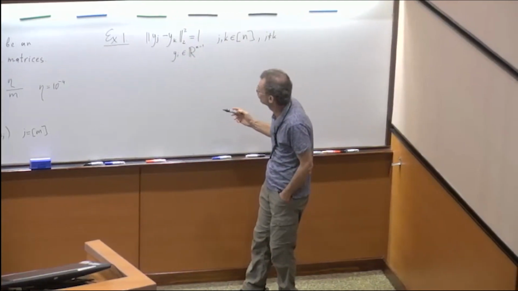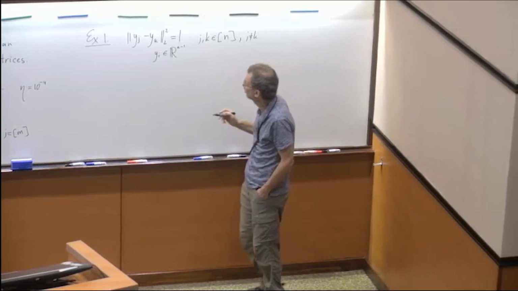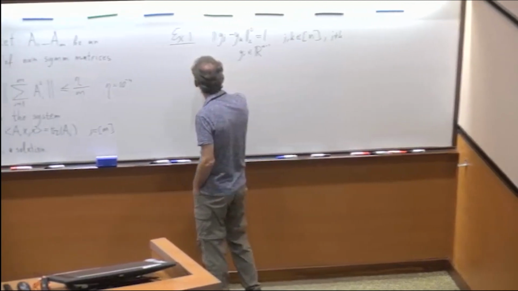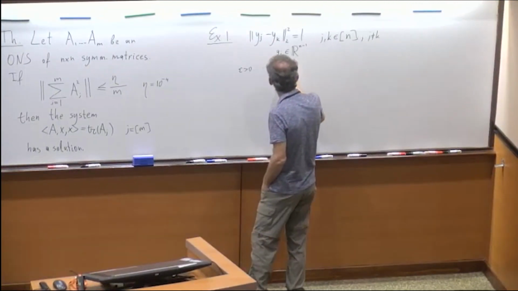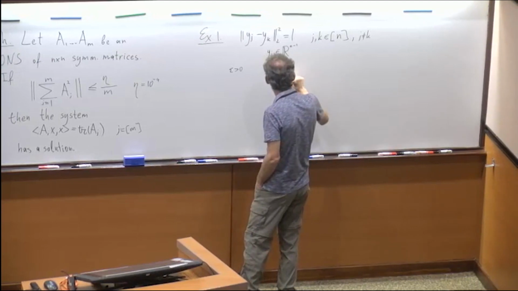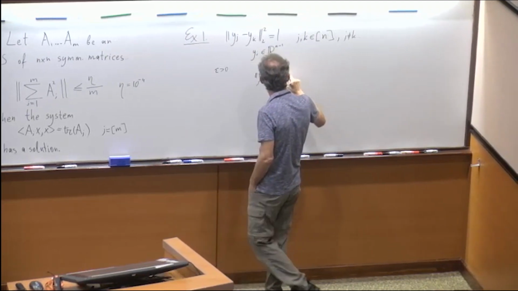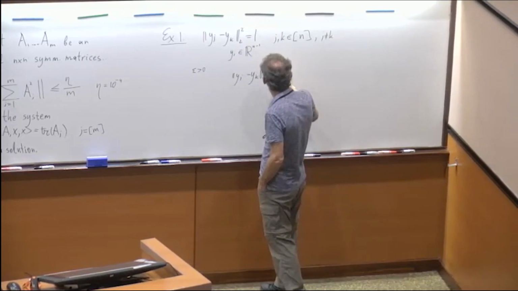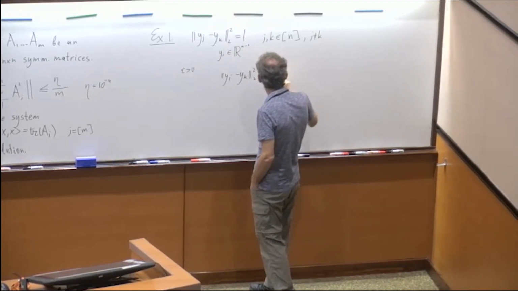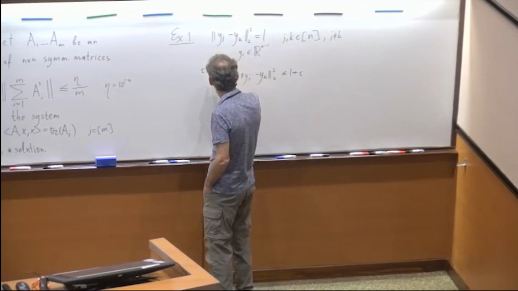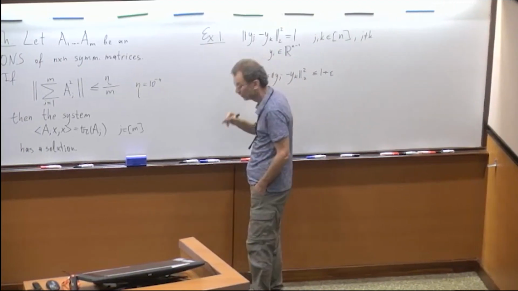Now let's introduce a relaxation of this problem. Let's take epsilon positive, and this time the norm of yj minus yk is between 1 plus epsilon and 1 minus epsilon.